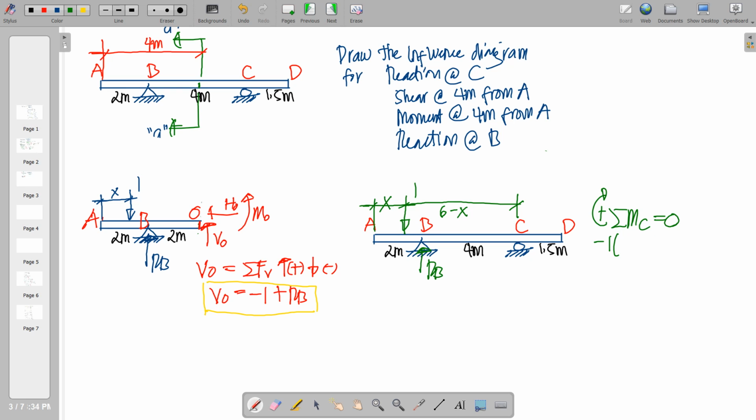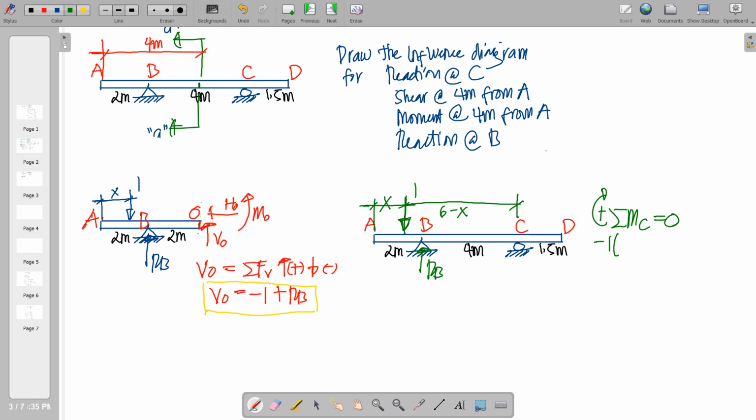Notice that your 1, even though it will reach just right of C or just left of C, the distance is still 6 minus x. However, once this 1 exceeds your C here, the distance of 1 from point C is no longer 6 minus x. So there will be two distinct equations here for just left of C and just right of C.